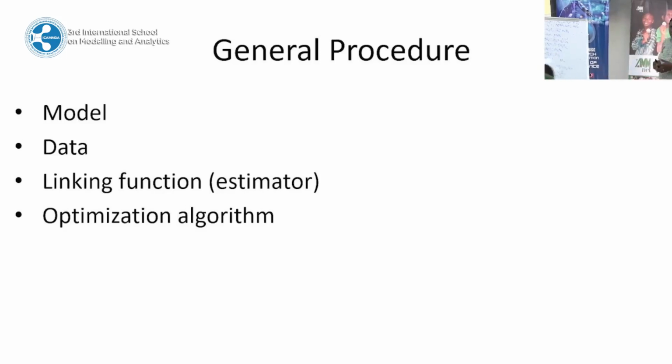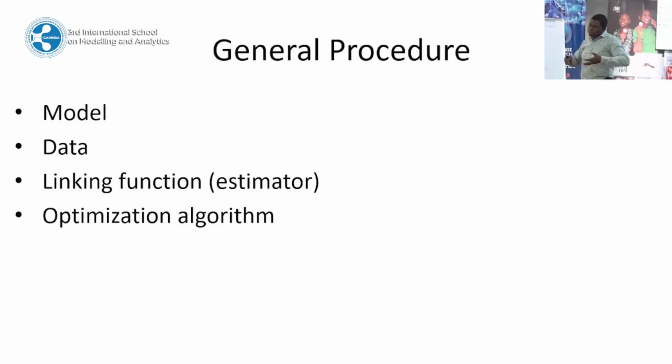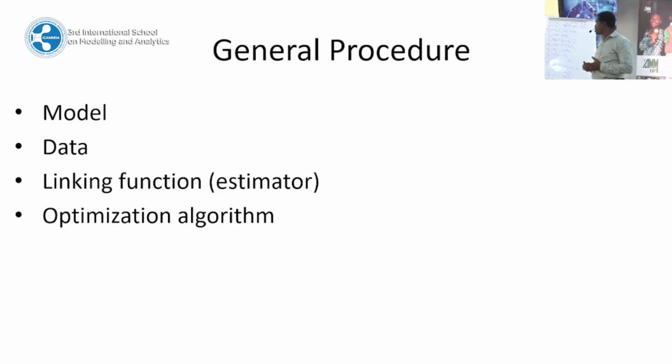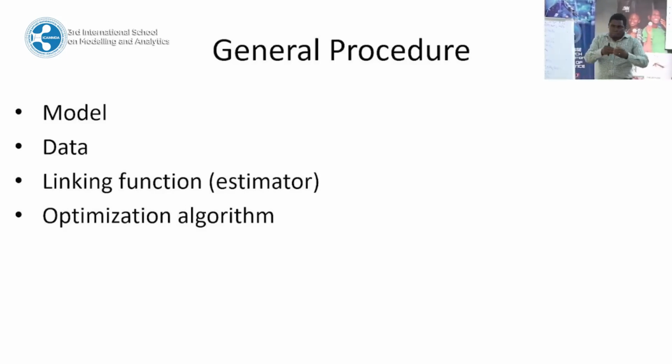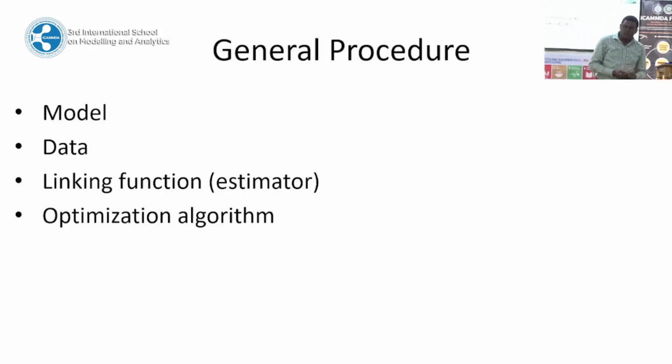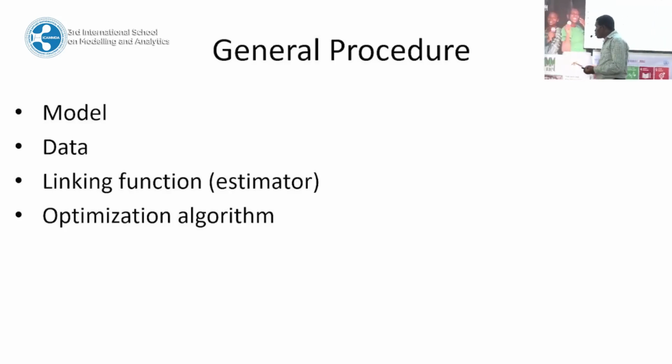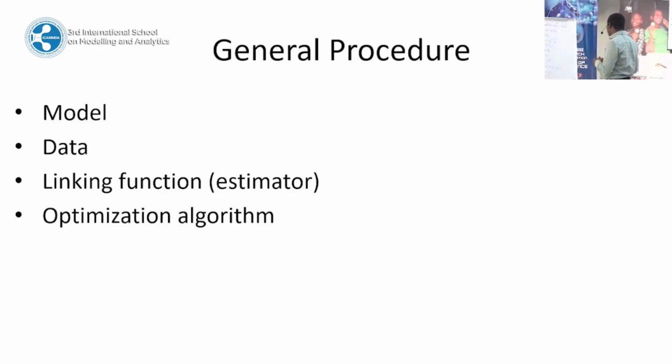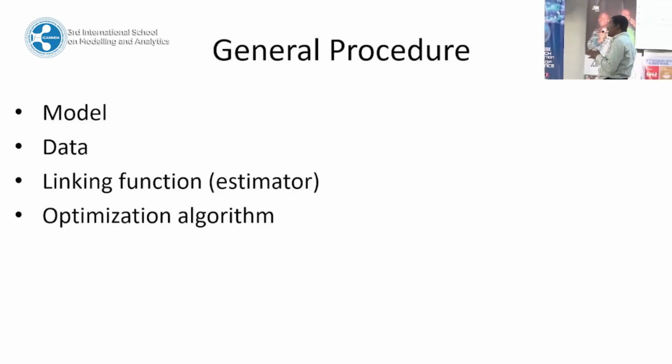So for mathematical models, for instance, when you have a process-based model like a system of differential equations, you must necessarily know what data you have in your hand, and which part of the model corresponds to this data, and we are going to see it as we go on. So necessarily there must be a linking function.